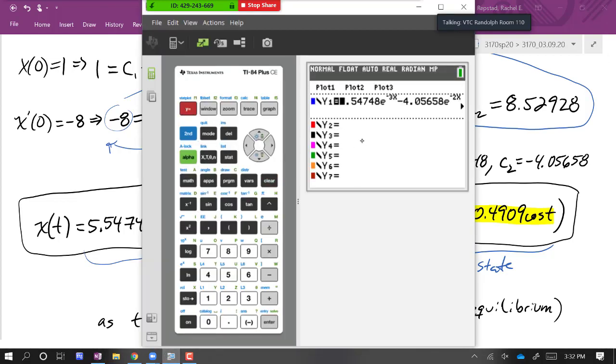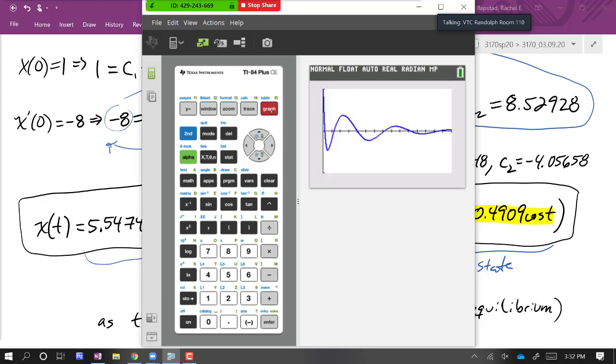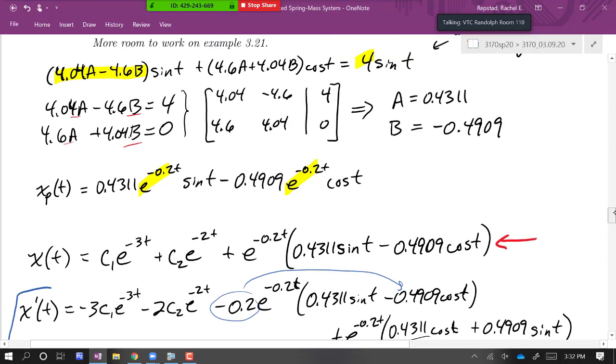Here I've already put it in the calculator, and I'm graphing it from 0 to 15 seconds, from -1 to 1 on the y, and it looks like that. Maybe we could have had a suspicion at the get-go that it would do something like this. The forcing function was periodic, but also decaying exponentially.